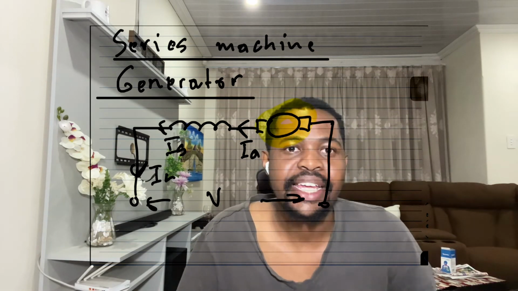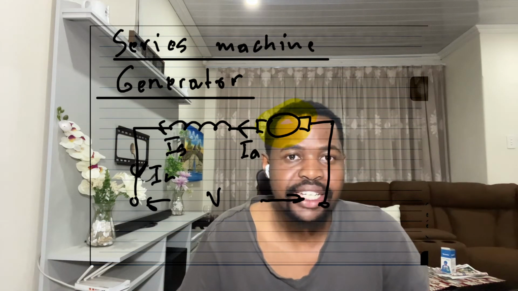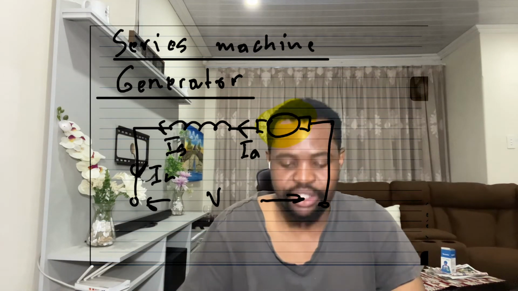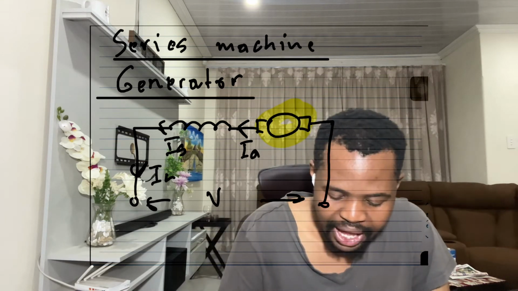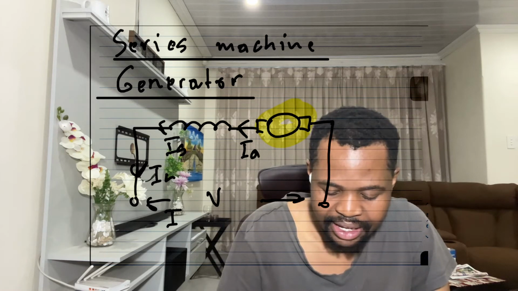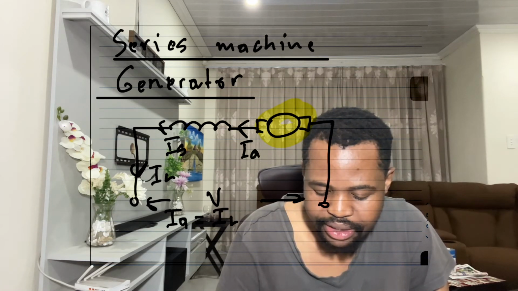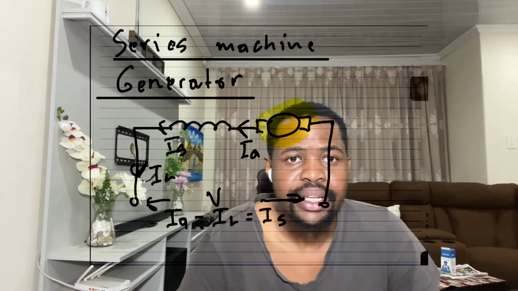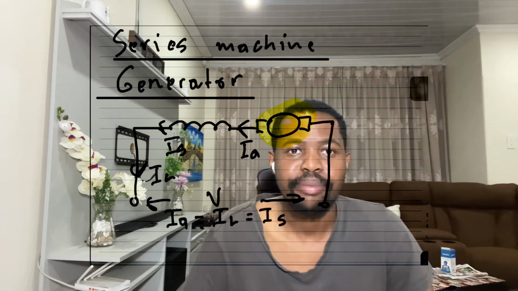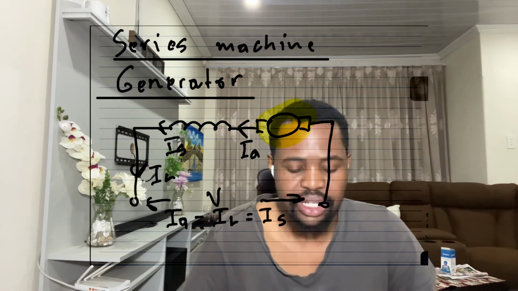We can safely say that the current is the same. Nothing's changed. This is a series circuit, as you can see right in front of you. So IA is equal to IL is equal to I series. That is a fact based on what we know about a series circuit.